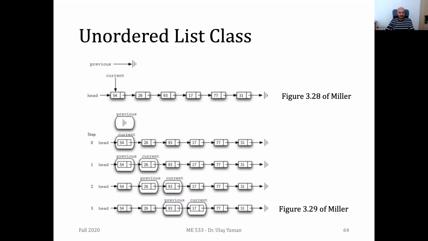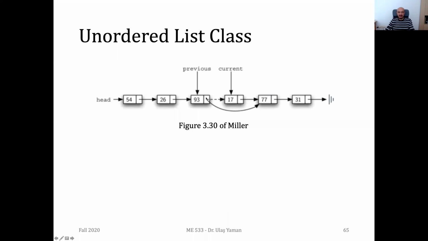This is how we do it. Right now, the previous item will be connected to the next item. So with the help of this, the current item in between the previous and the next items will be removed from the unordered list.